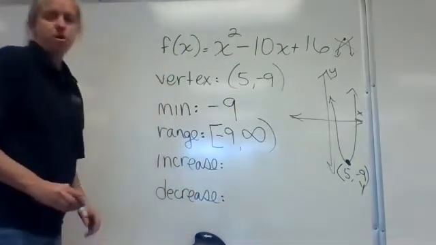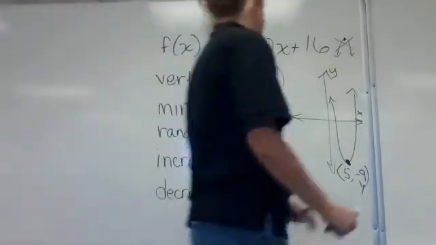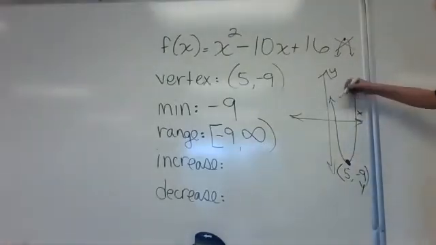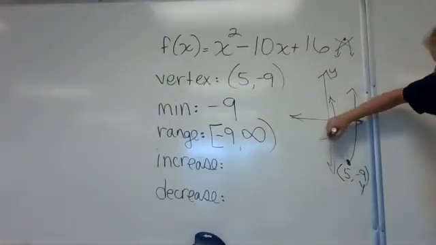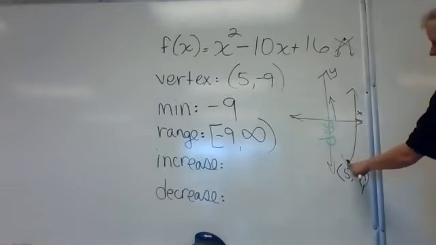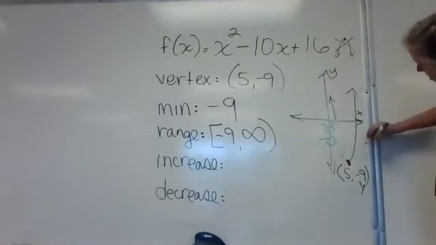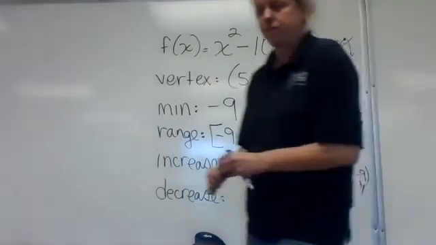All right, the last two parts I want to know, where is this parabola increasing and decreasing? So let's look at the left side. What are the values doing on the left side? They are going down, which means on this side the values are decreasing until they get to that vertex. And then on this side, they start to go up. So they increase.